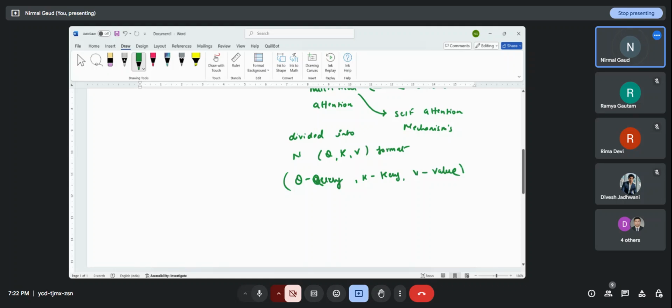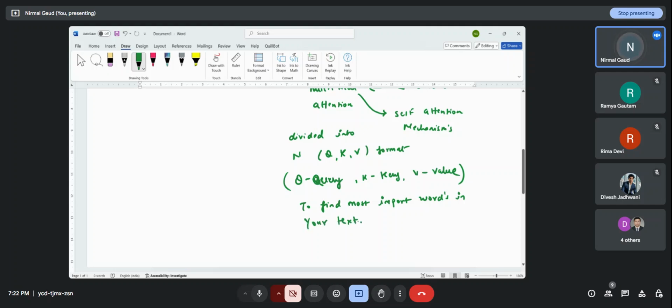And this QKV is used in the self attention mechanism to find the most important words in your text.